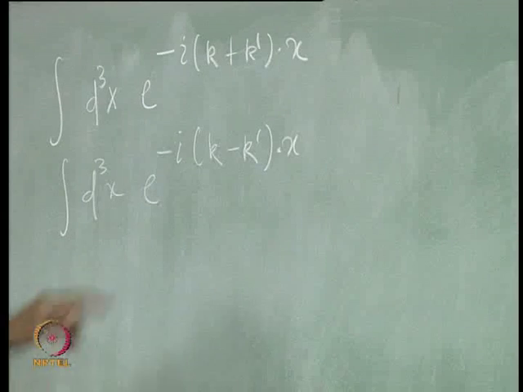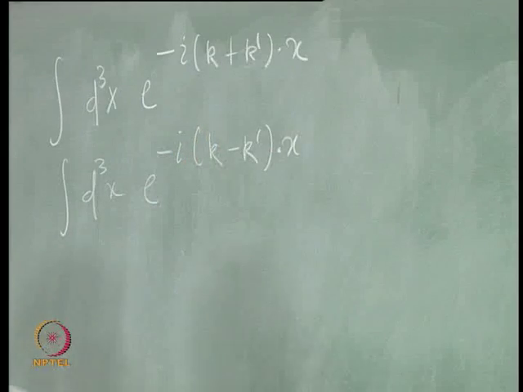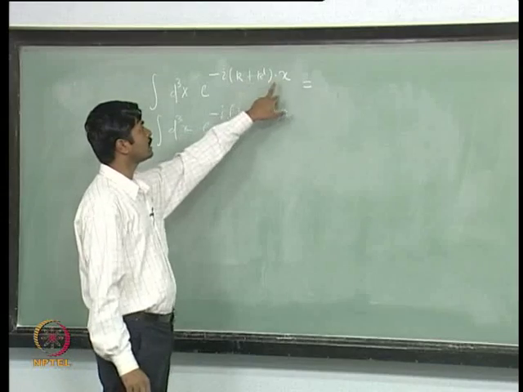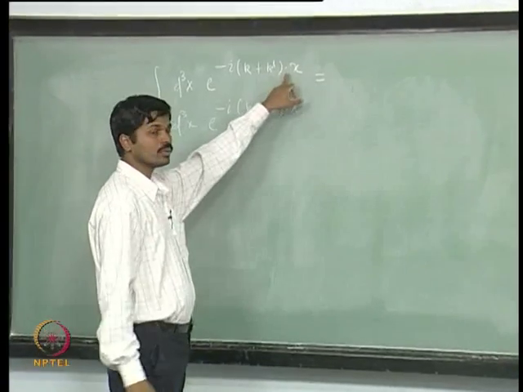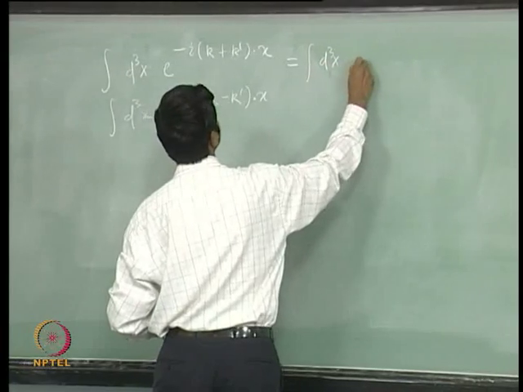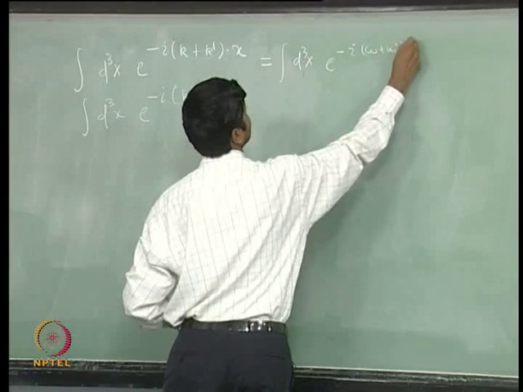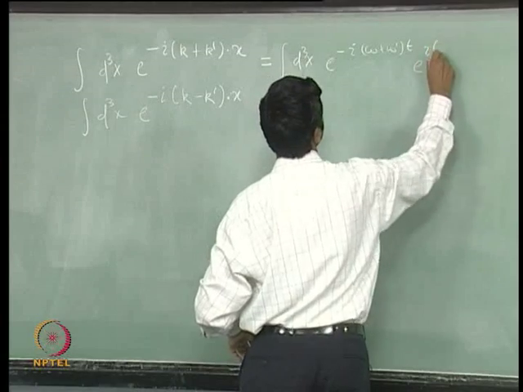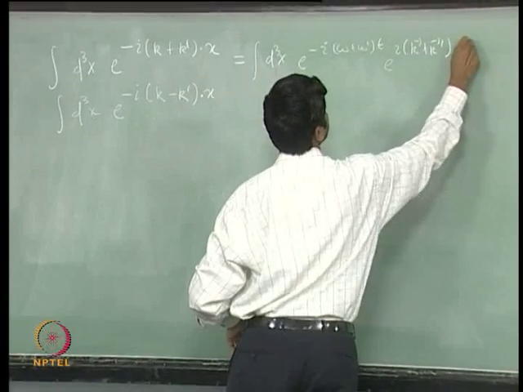What will you get when you carry out this integration? Remember, here this dot product involves the 4-dimensional metric eta mu nu. So, you will get two terms here: d^3x e^(-i(ω+ω')t) times e^(i(k+k')·x).